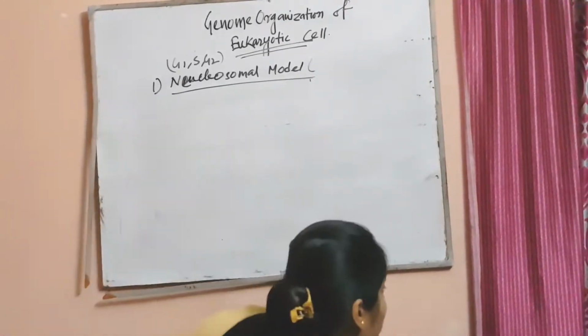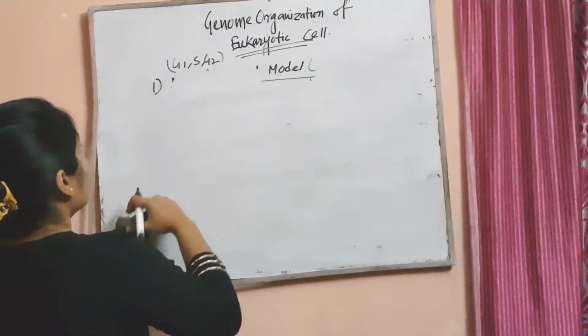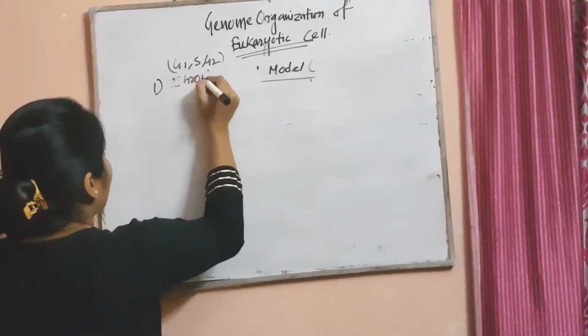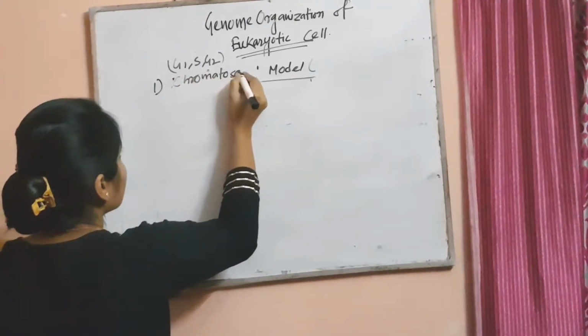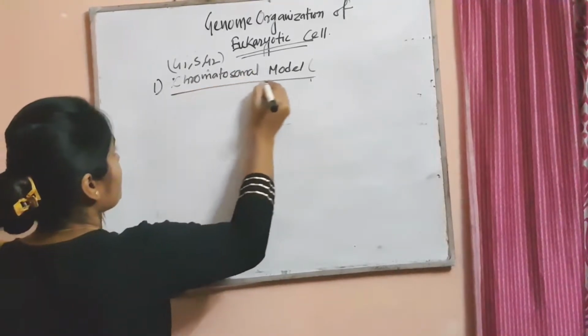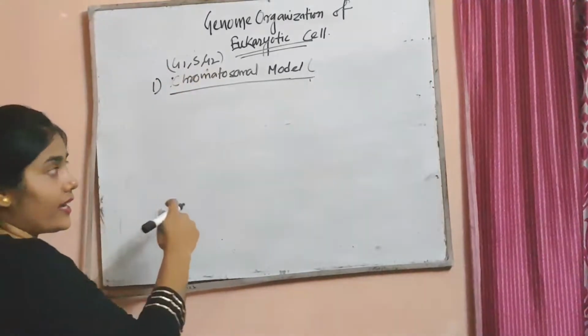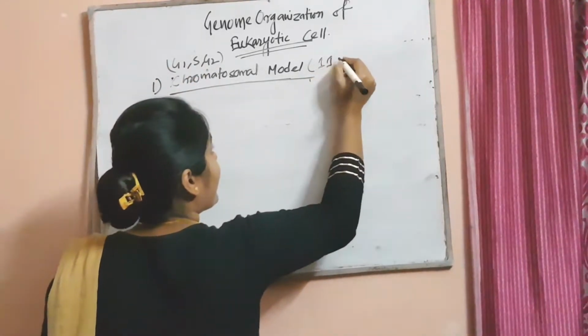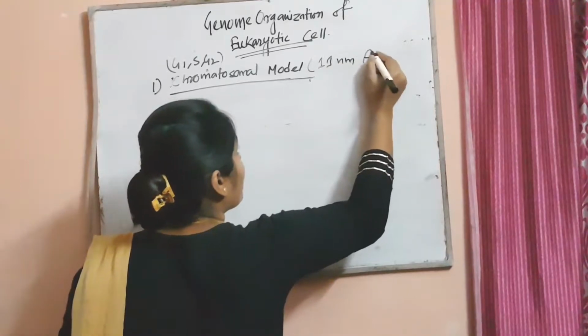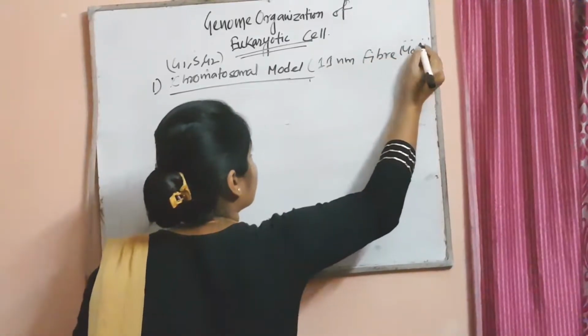This is the nucleosomal, and the second one is the chromatosomal. And it is also seen in G1, S and G2 phase, and it is also an 11 nanometer fiber model.